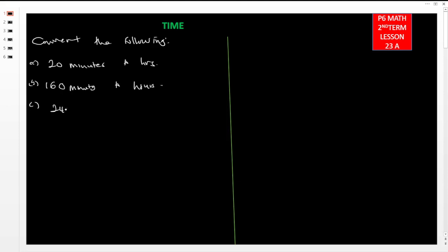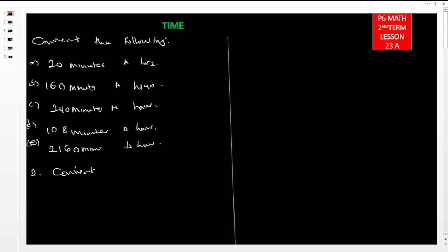C, 240 minutes to hours still. D, 108 minutes still to hours. Then E, 200 minutes to hours.